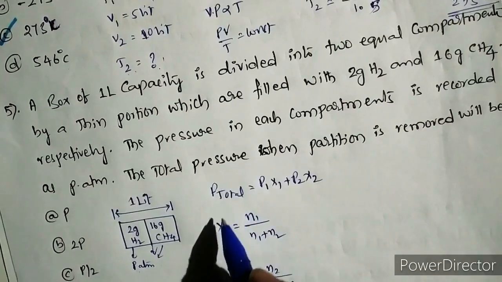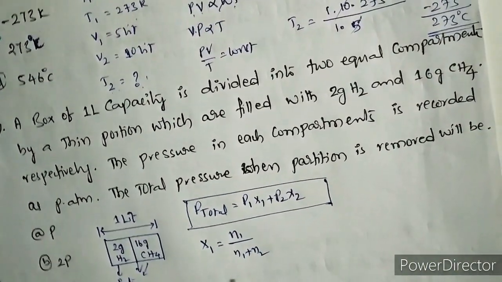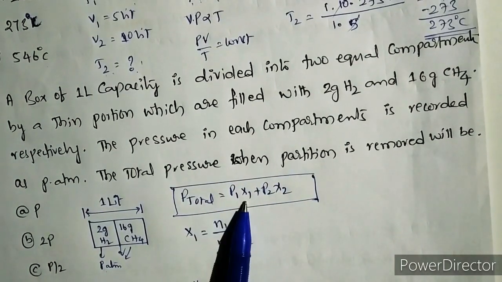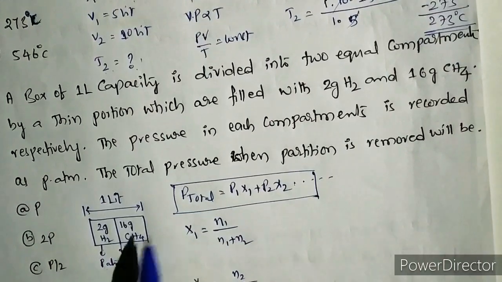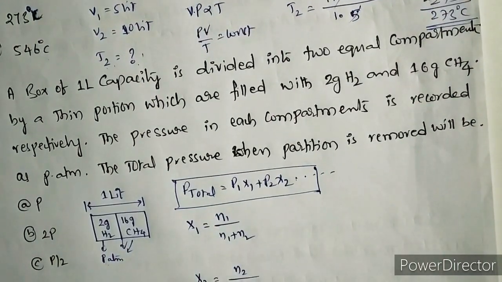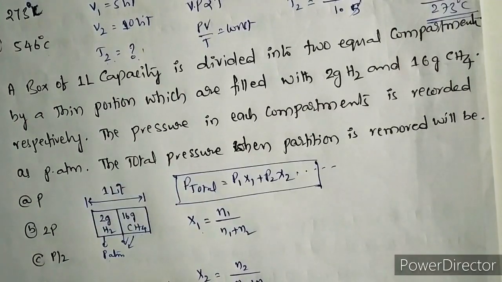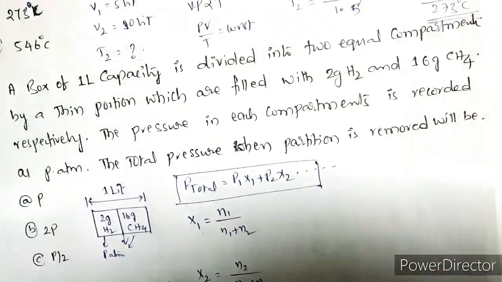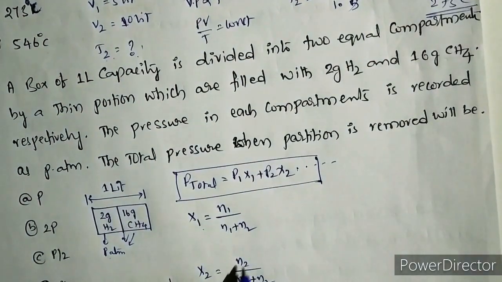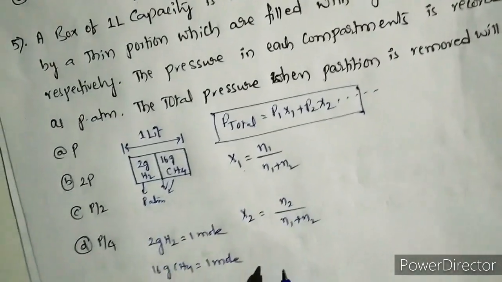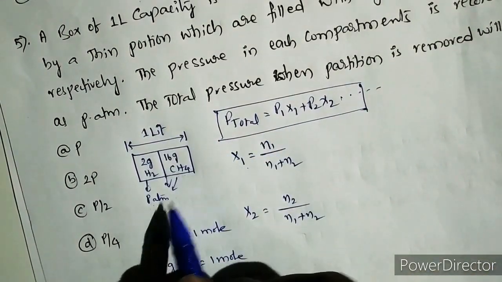So for P total, it is based on Dalton's law of partial pressures. What is the formula? P total is equal to P1x1 plus P2x2 and so on. But they are talking about only 2 gases, so we will confine to P1x1 plus P2x2 only. Now x1 is equal to N1 by N1 plus N2 and x2 is equal to N2 by N1 plus N2. Here the partial pressures are given, it is P atmosphere.